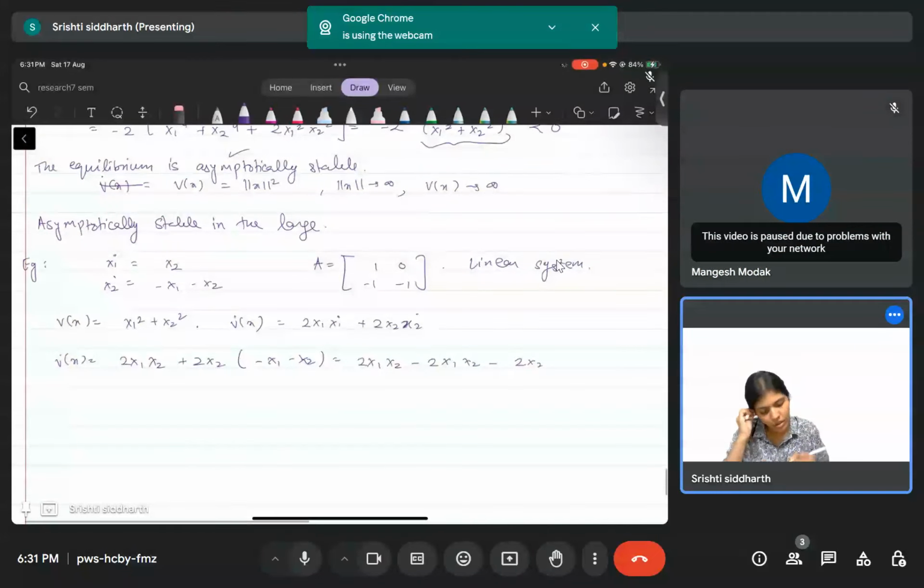So is this function V dot of x negative definite?